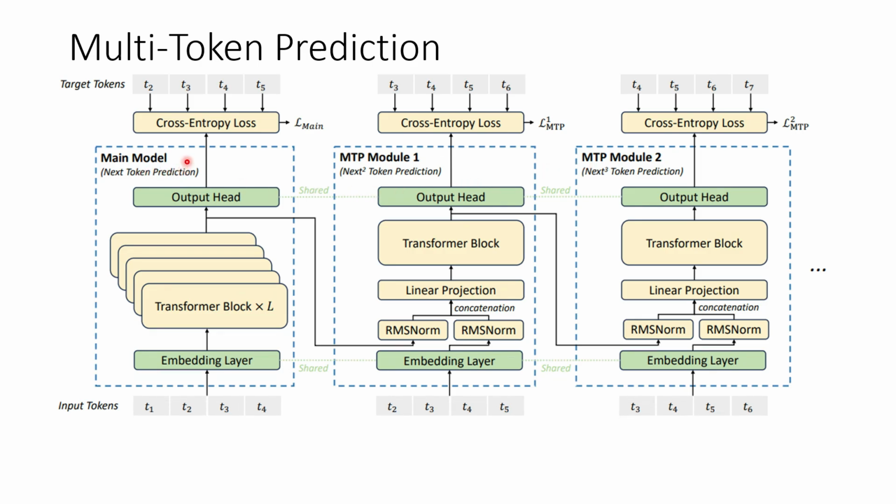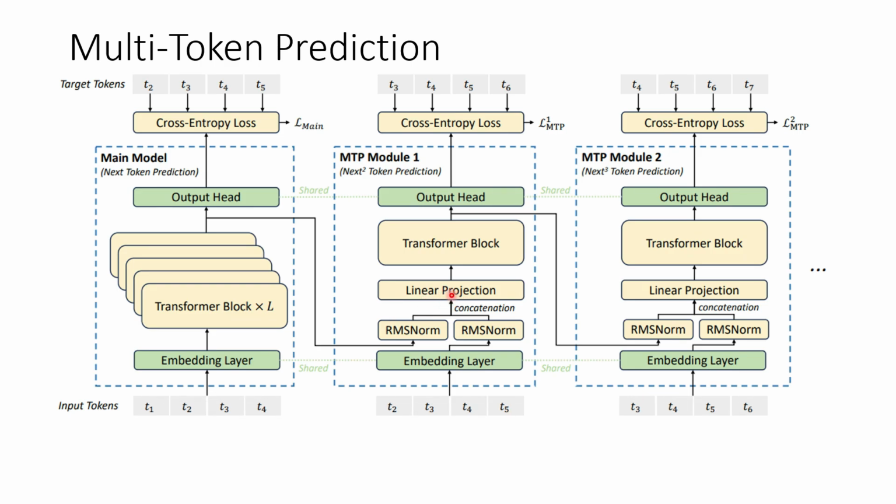Then, for the first MTP module, we shift the input sequence and pass it through a shared embedding layer to obtain embedding vectors. Additionally, we use the output of the transformer block from the main model as an additional input to the next layer. After applying normalization, we concatenate the transformer output and the token embeddings.